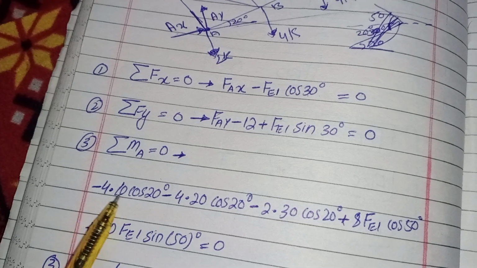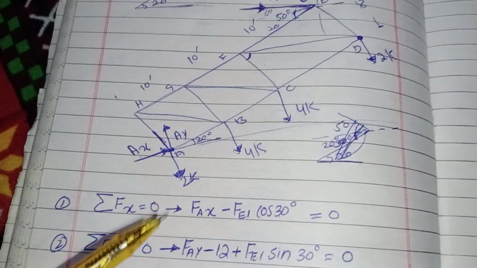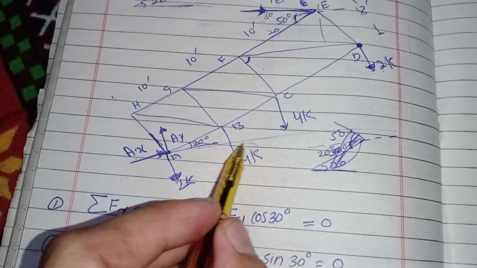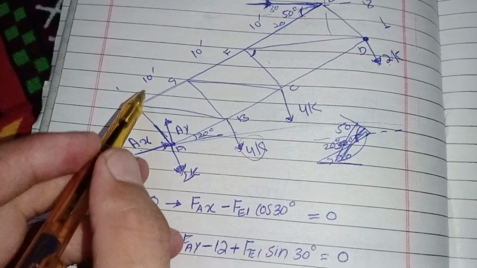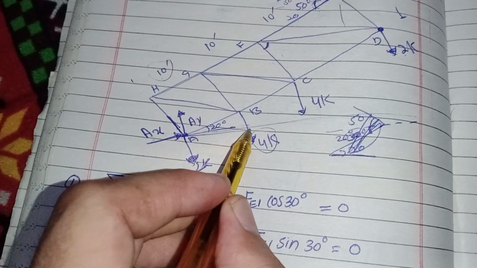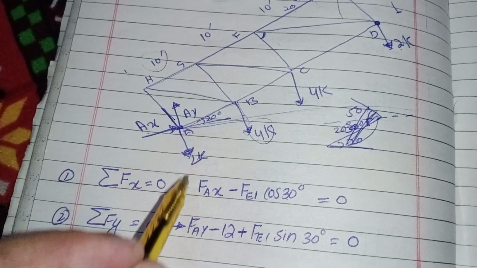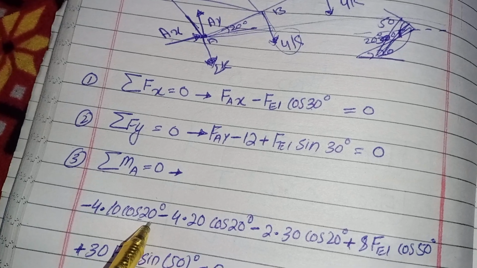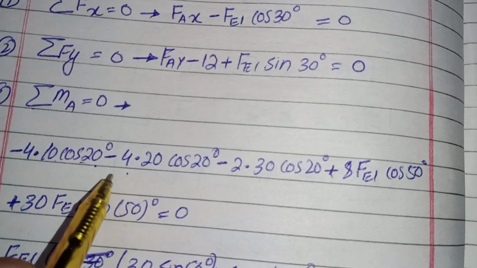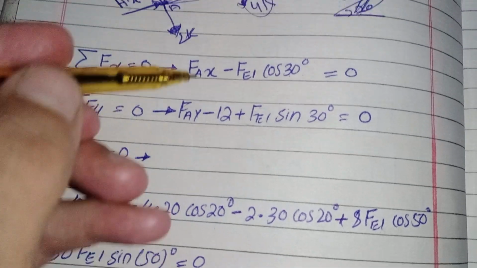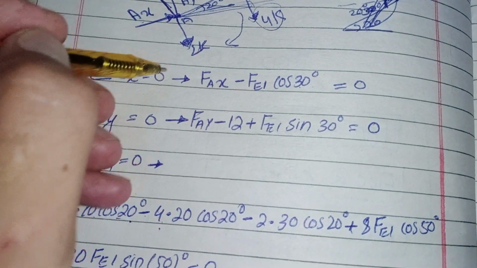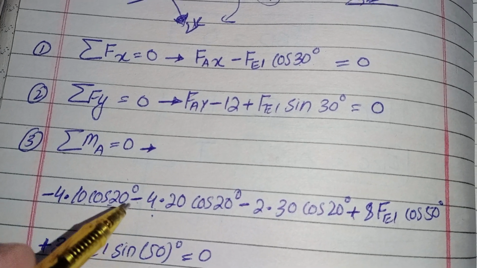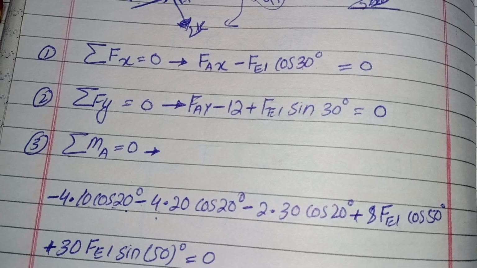So 4 kips times the horizontal distance, which is 10, so 4 into 10 cos 20 degrees, and also negative, because it makes clockwise. We take clockwise as negative and counterclockwise as positive.